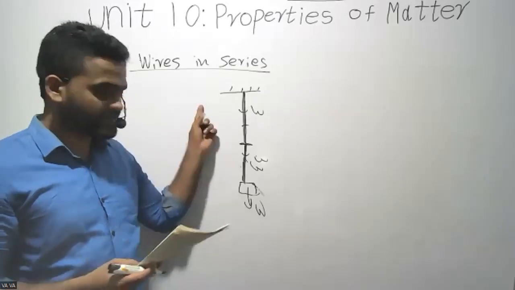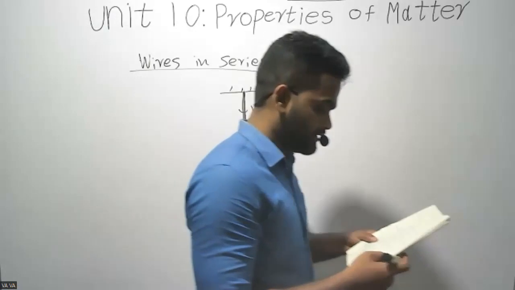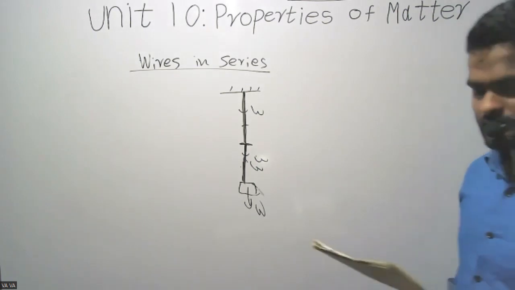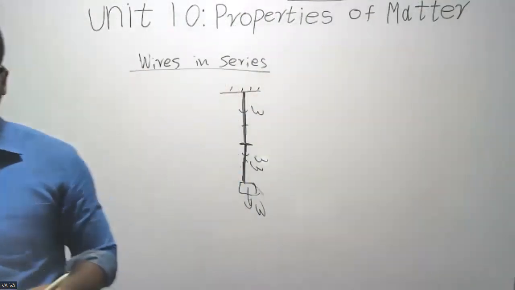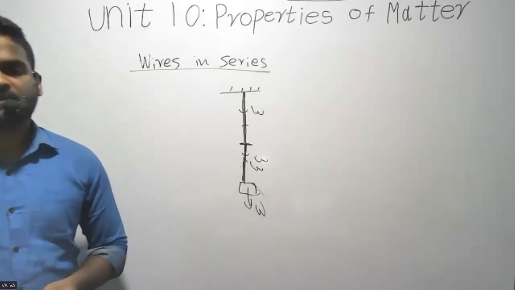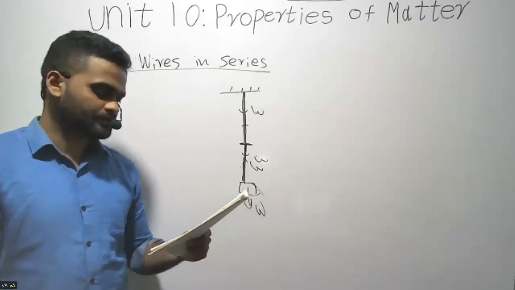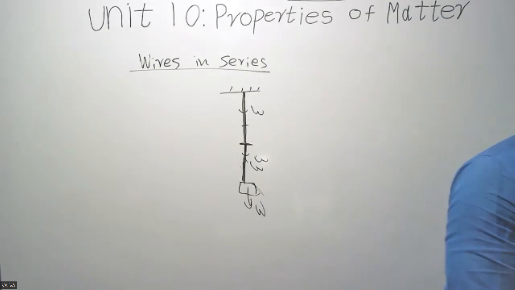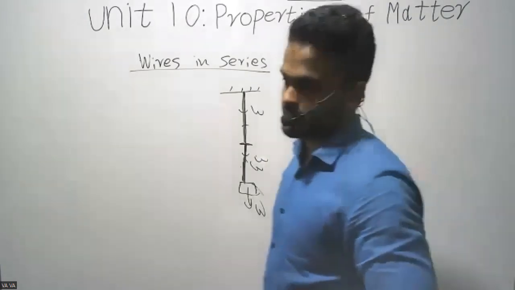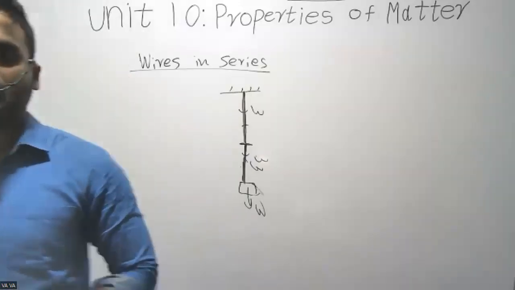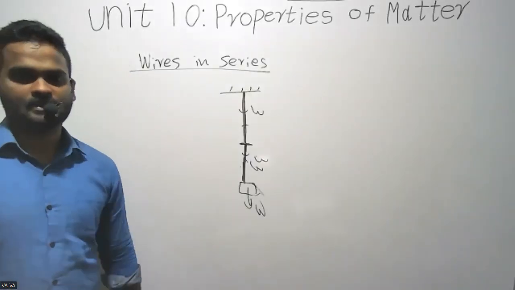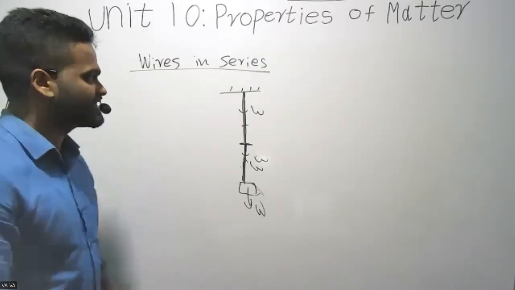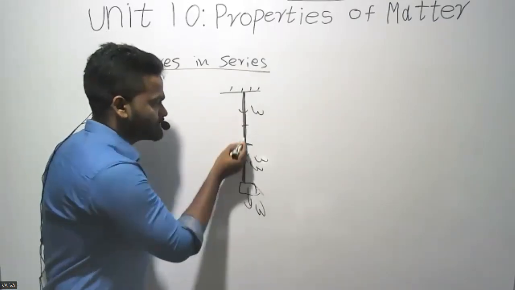Right. Then the next point, write down: total extension of the system is the sum of extensions of each wire. That's another point for wires in series. The tensions are the same for both.